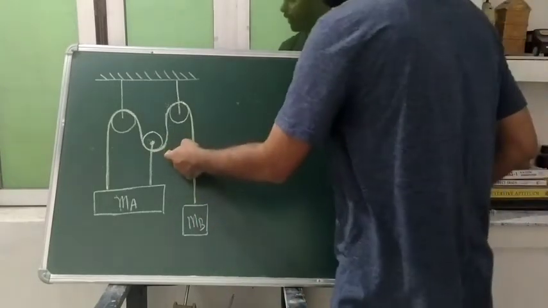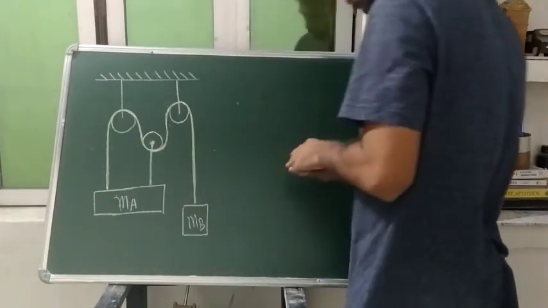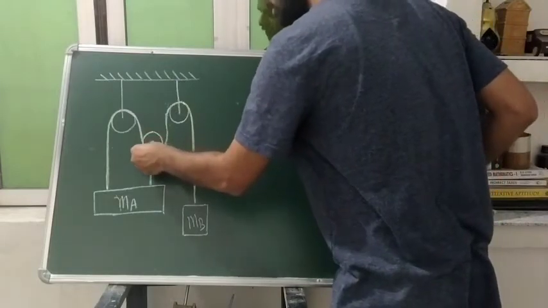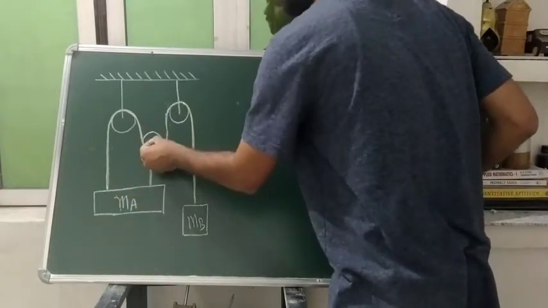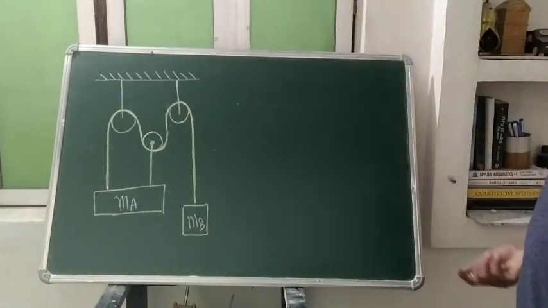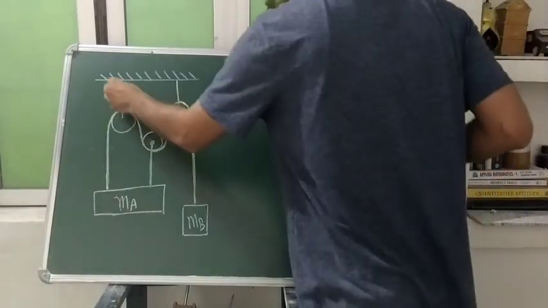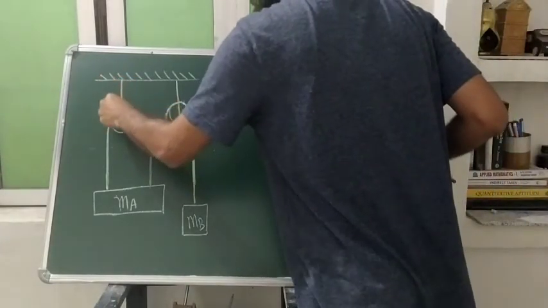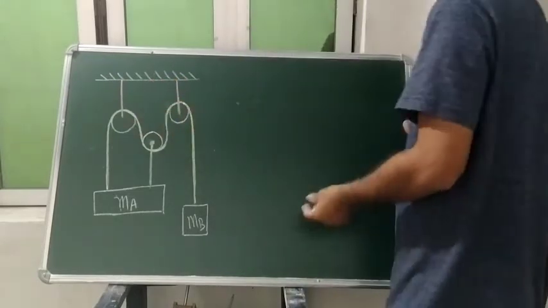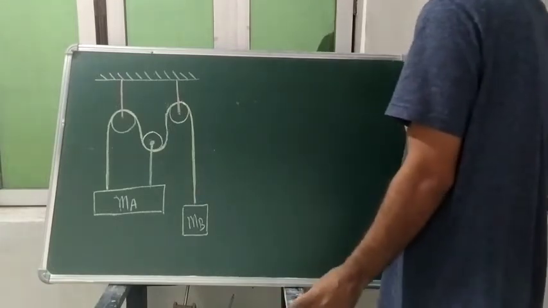And with this pulley there is one other string, a second string you can say, which is connecting the same block of mass Ma, isn't it? Here the strings are this and this. The length of those strings is not going to change.